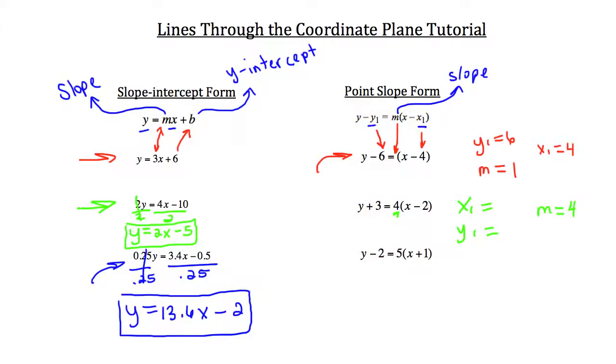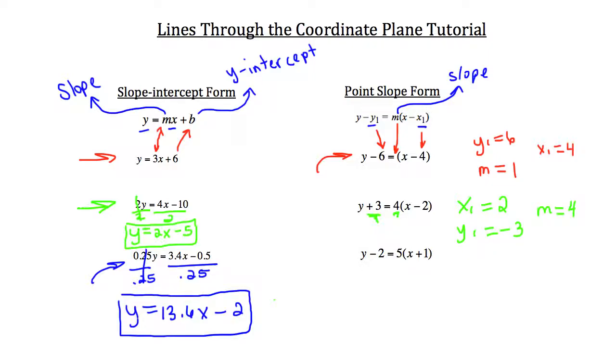The x1 must be a positive 2, because it's x minus x1, so x minus 2 in this case. And the y1 coordinate must be a negative 3, because it's the opposite of what is here. If it's a positive 3 here, then our y1 is a negative 3. And if it were a negative 3 here, then our y1 coordinate would be a positive 3.